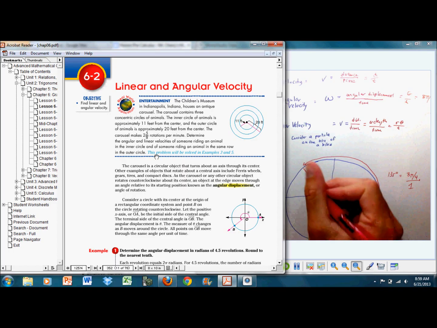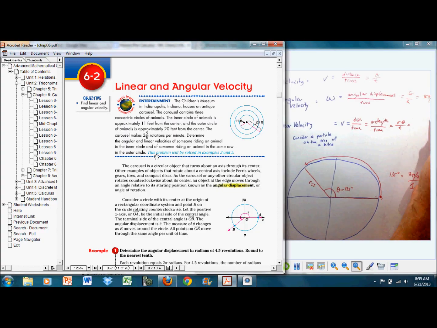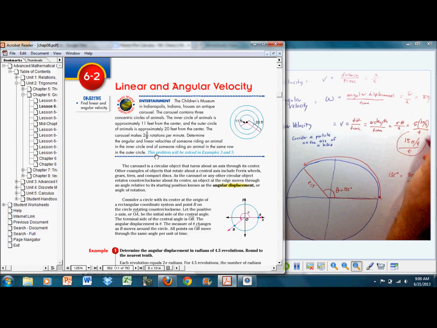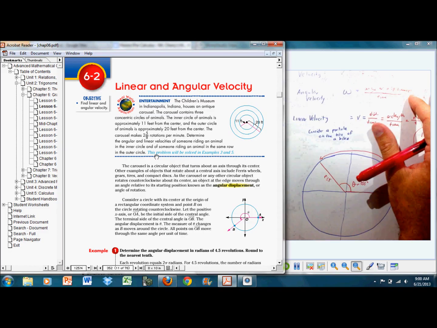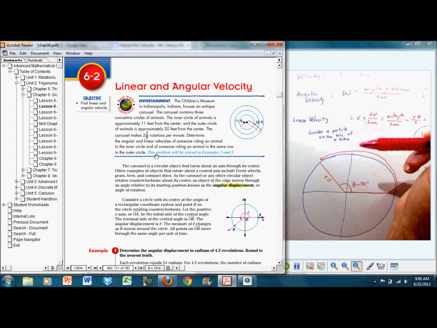So in this case, if r was 5, then we would have 5 times theta, which is 3 pi over 4, over t, also known as 15 pi over 4 over t. Great, so now we can calculate angular velocity and linear velocity. So that's our objective for today.